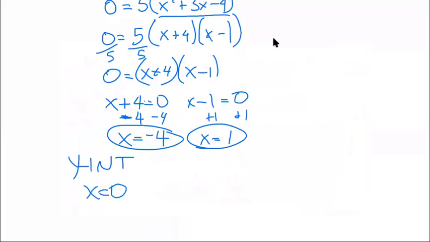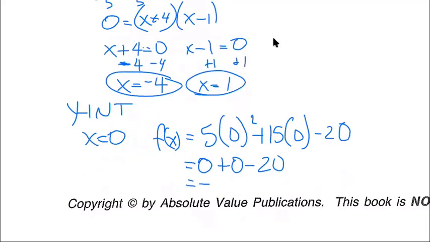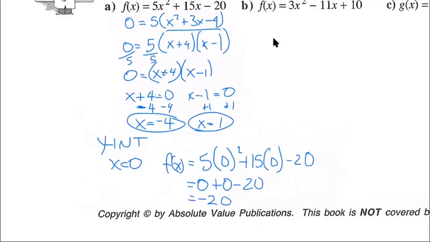So in my equation, f of x is equal to 5 times 0 squared plus 15 times 0 minus 20, which is 0 plus 0 minus 20, which is negative 20.